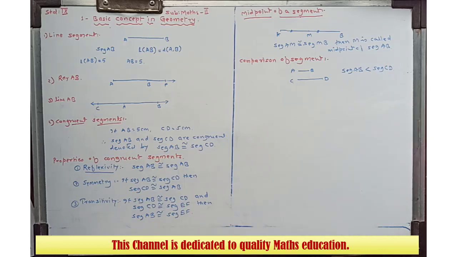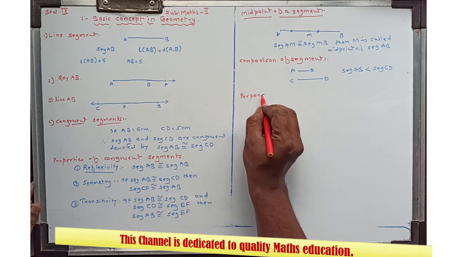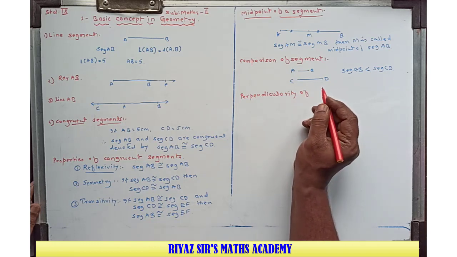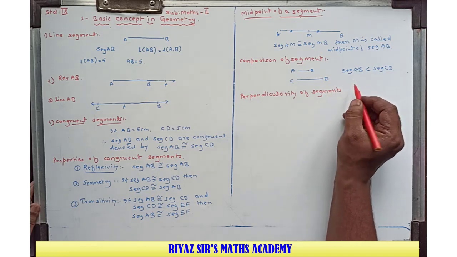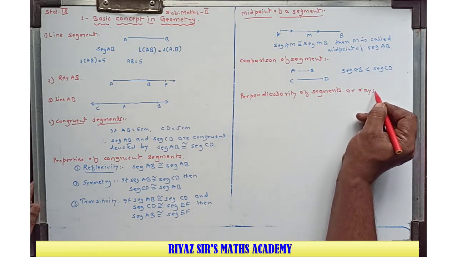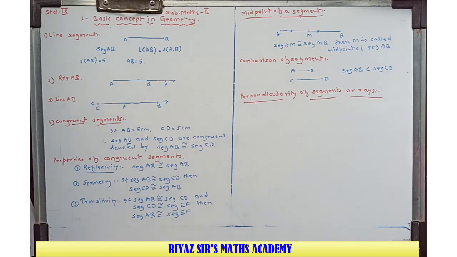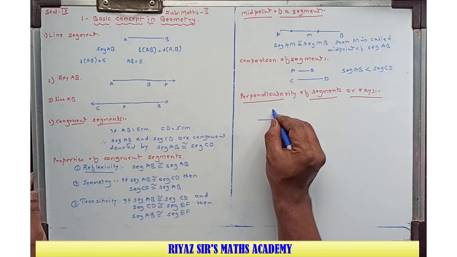Okay. Then perpendicularity of segments or rays. Two segments are said to be perpendicular, or two rays are said to be perpendicular, or one ray and one segment are said to be perpendicular.